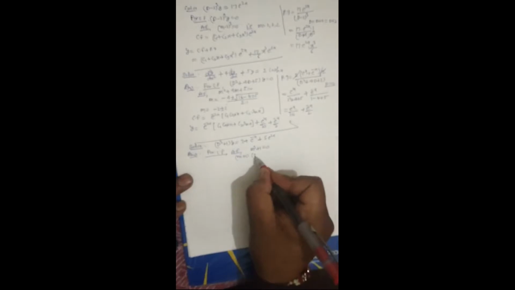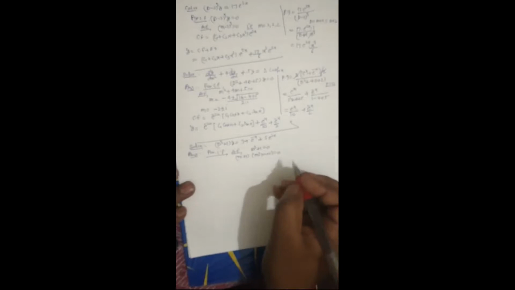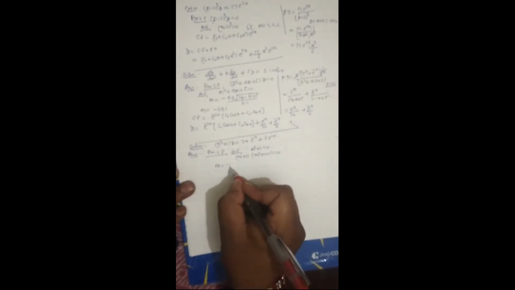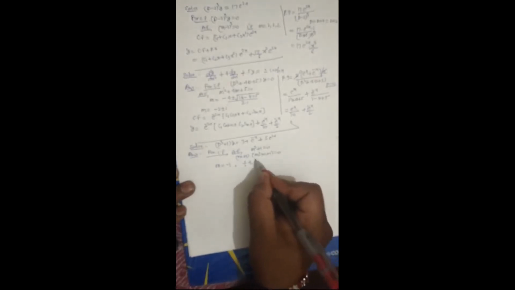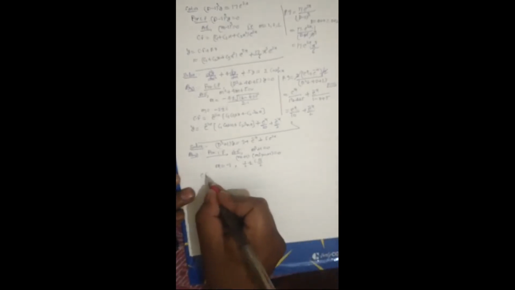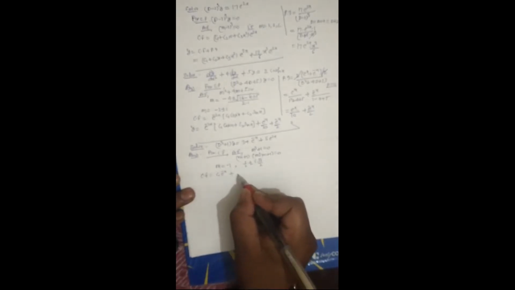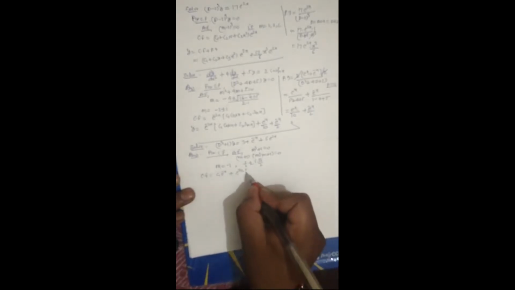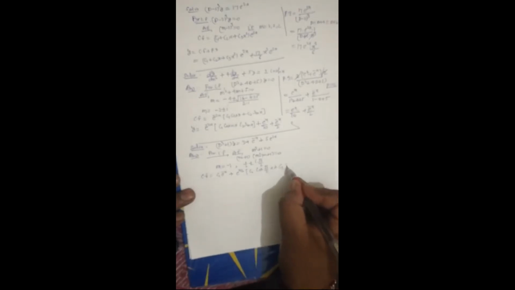Factorize: (m plus 1)(m square minus m plus 1) is a factor, that is m is equal to minus 1, or 1 by 2 plus minus i root 3 by 2. Then CF can be written as C1 e to the power minus x plus e to the power x by 2 (C2 cos root 3 by 2 x plus C3 sin root 3 by 2 x).